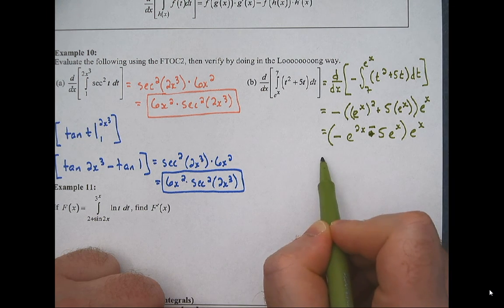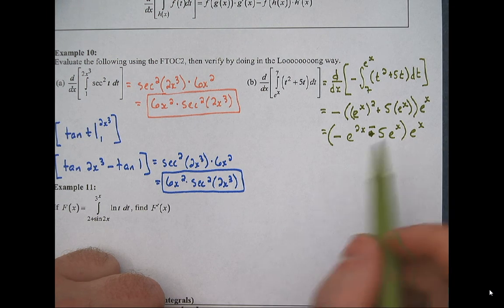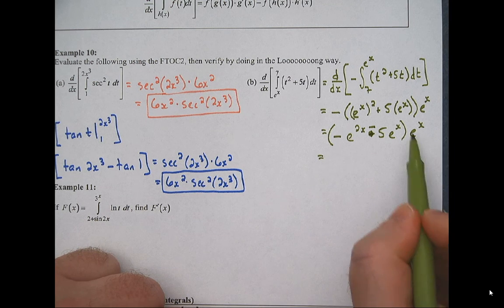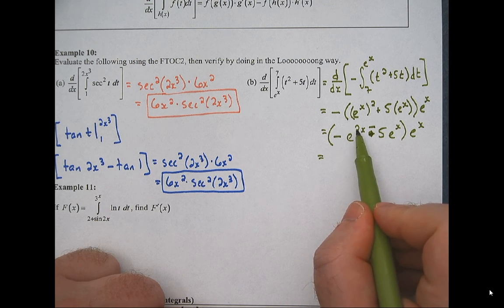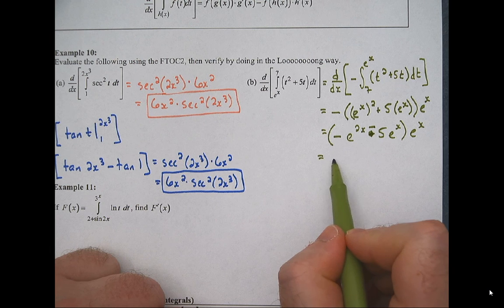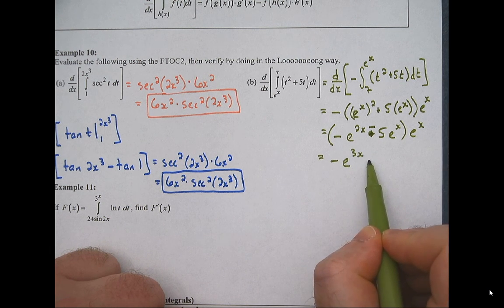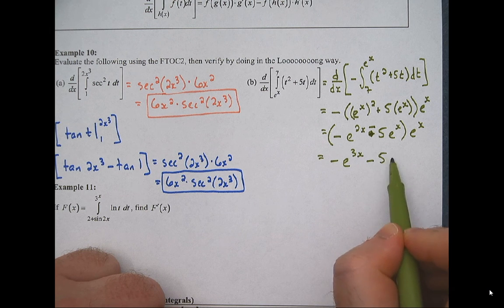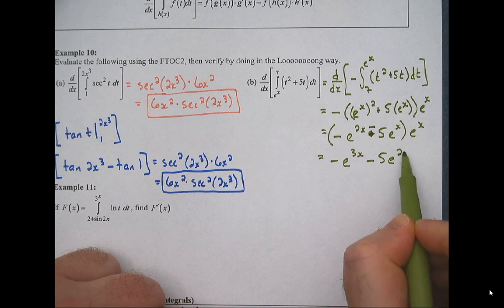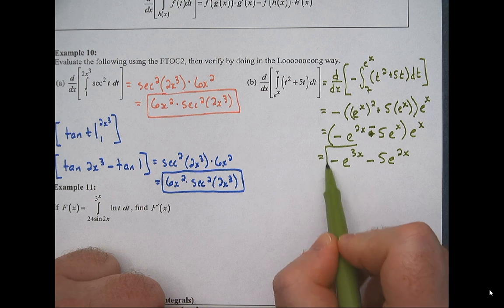Now I'm going to distribute. Okay, so I distribute this in here. That means I'm going to add another x to this. So it's going to be negative e to the 3x minus 5e to the 2x, since x plus x is 2x. I guess that wasn't too bad.